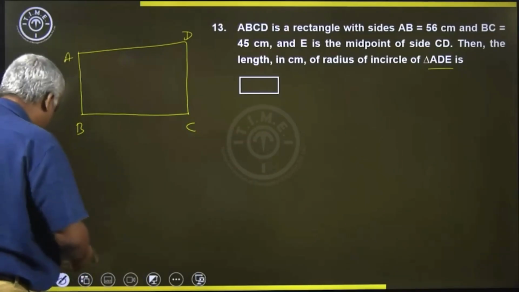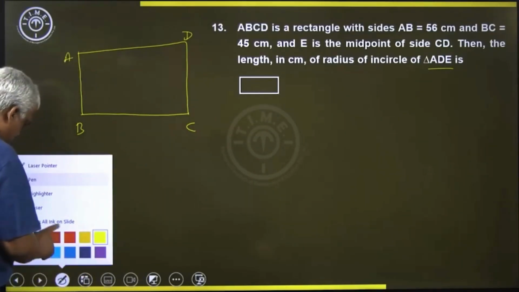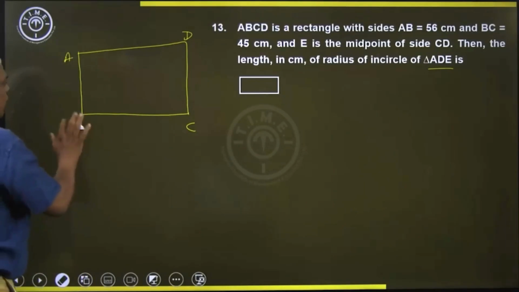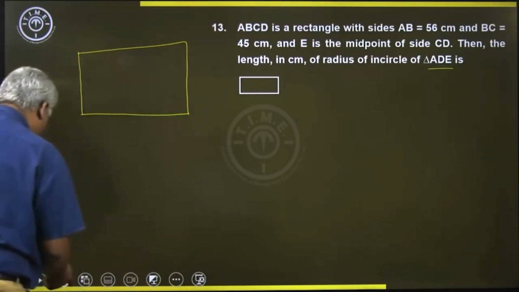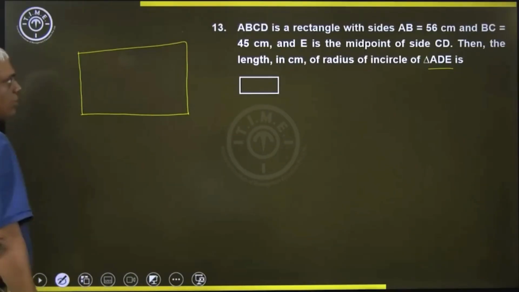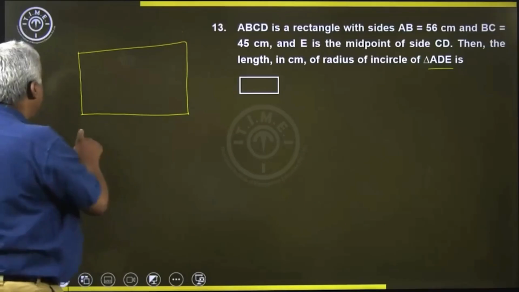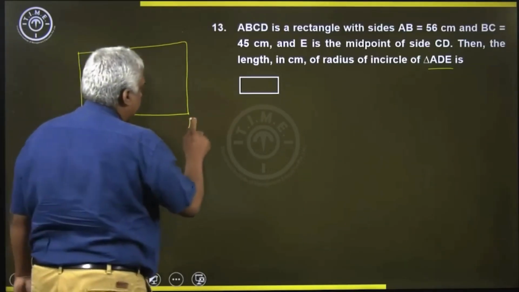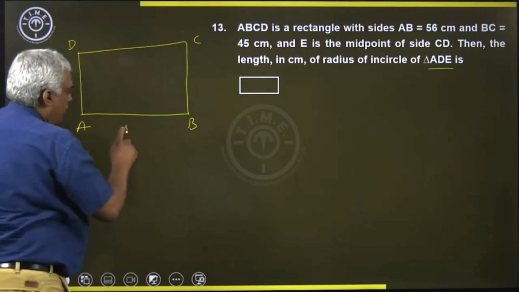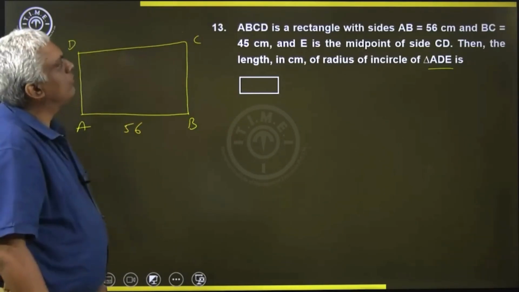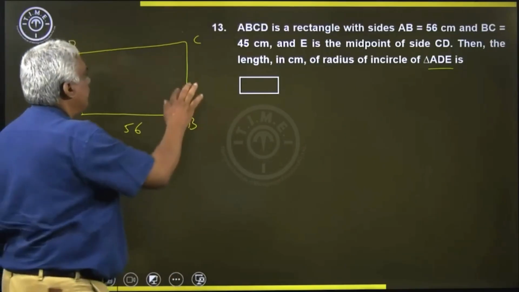BC is smaller, so let me change the notation. AB is a little longer, in my diagram AB is looking shorter. So AB is 56, BC is 45.